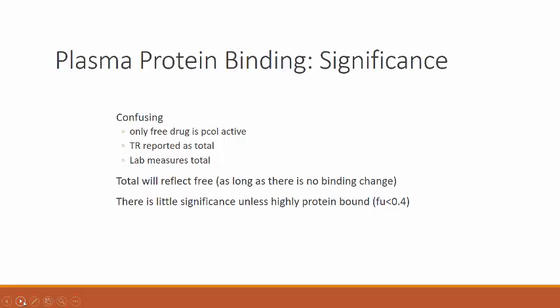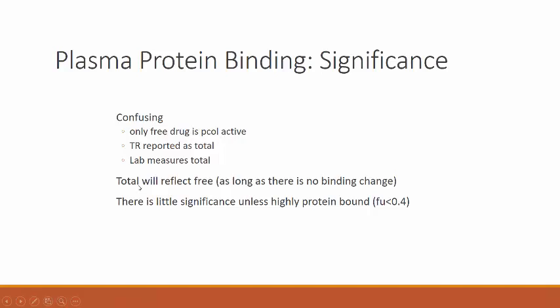So when we get information back from the lab, it's going to be total concentration, both free and bound. Therapeutic range is almost always in total because that's what we actually measure. However, total can be misleading because if there's changes in protein binding, if more or less of the drug is free, then you're going to have more or less of the actual active component available to cause the pharmacologic activity.